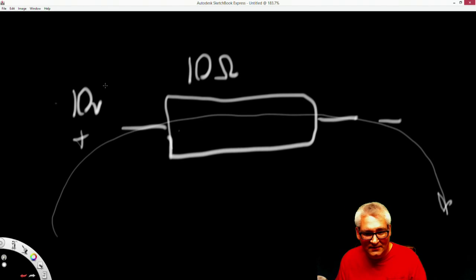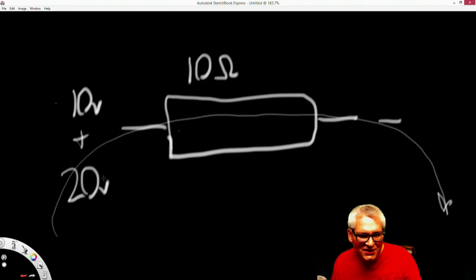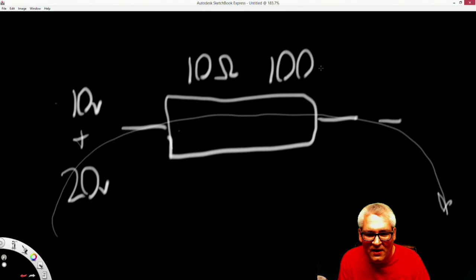In order to change the resistor, we'd have to send a surge of volts through it, say 20 volts. All of a sudden, out of nowhere, we send 20 volts, a surge. What this does is it changes the resistance of the resistor. It changes the memristor to a different resistance level. We surged it with 20 volts, and now this resistor has perhaps turned into a 100 ohm resistor.